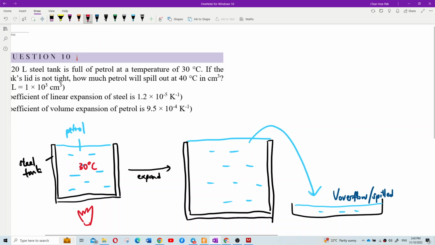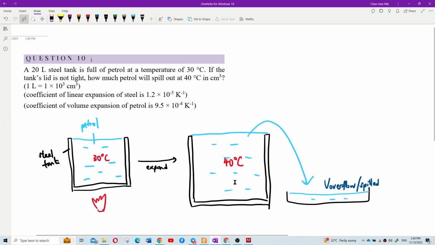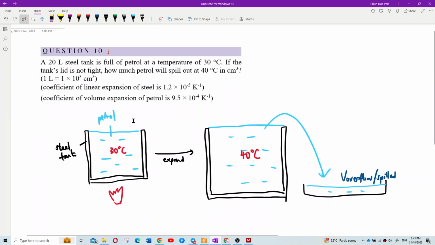Heated up both to 40 degrees Celsius. So we have initial temperature and final temperature. What's the initial volume? This one talks about volume, class, so the symbol is gamma.